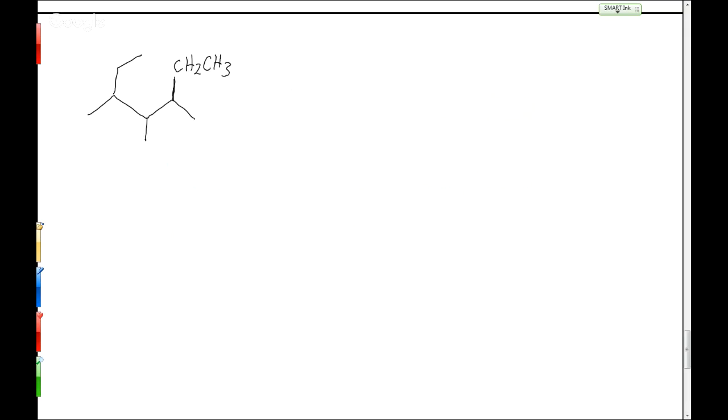This is a little weird because it's basically a line structure, a skeletal structure, but then also CH2, CH3 is drawn on that side. And that's somewhat common. It's probably a little bit more common to see it like this. It's kind of like all the ends get capped off, but the inside of the structure still looks like a line structure. So that's something you see sometimes. And we have to use our understanding of both styles of writing structures to understand what's happening here. So how would we name this structure?